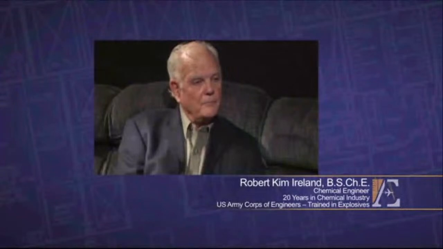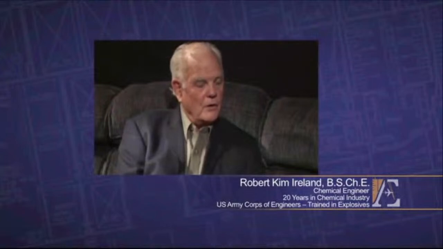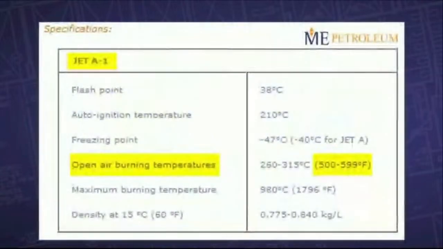There were reports of molten steel having been seen in the rubble pile of all three buildings, and I knew that jet fuel, which is essentially kerosene, is not capable of melting steel nor iron. Kerosene or jet fuel burns at less than 1600 degrees Fahrenheit.